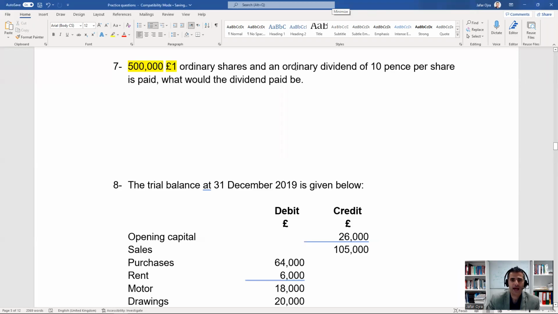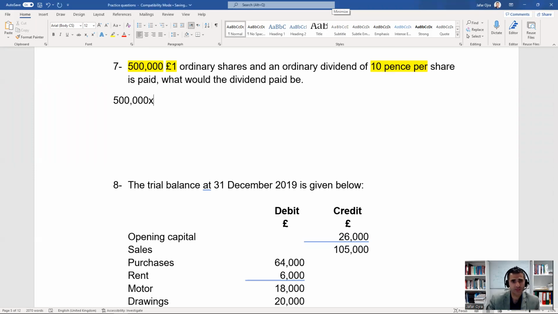So ordinary dividends paid 10 pence per share. And the question asks you to calculate what the dividend paid would be. It's very simple. You need to find out the number of shares, which is 500,000 shares.